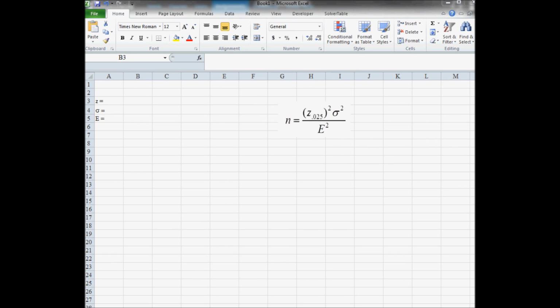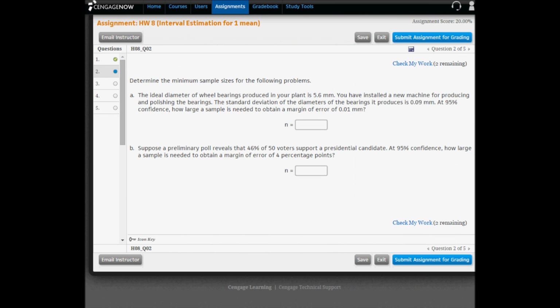The equation indicates that I need a z value, a sigma value, and E, the desired margin of error. So I'm going to go back to my Cengage Now problem and try to determine these things. When you read the problem, the standard deviation of the diameters of the bearings the machine produces is 0.09 millimeters.